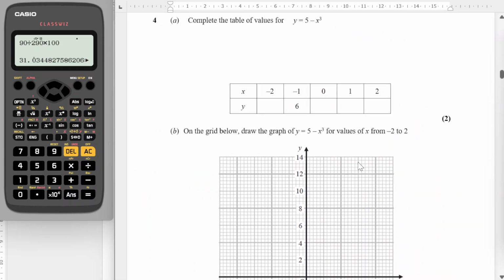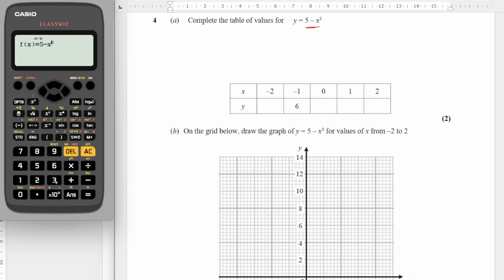Okay, question 4. Complete the table of values for 5 minus x cubed. Again, on a calculator paper, I would take a lot of the grunt work out of this. So I would use the table function on my calculator, which is the third mode. And I'm going to type this in as a function of x. So I'm going to say it's 5 minus alpha x cubed.